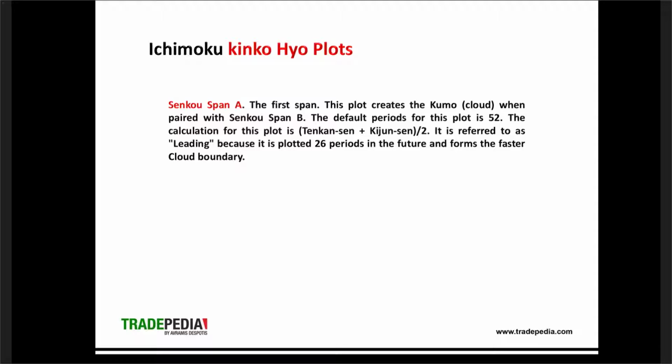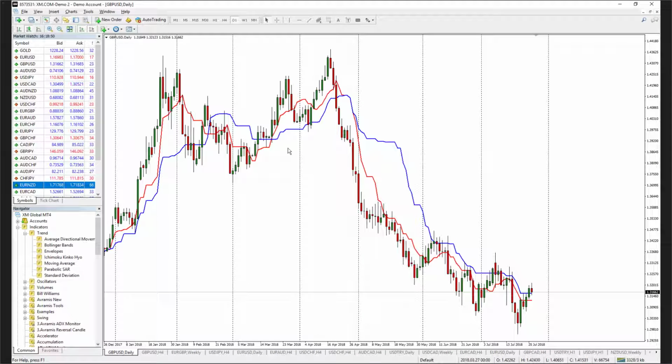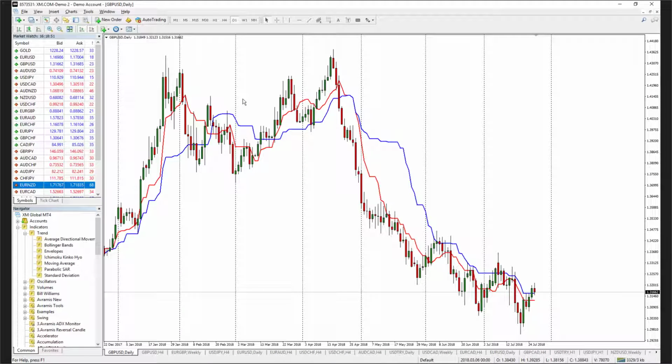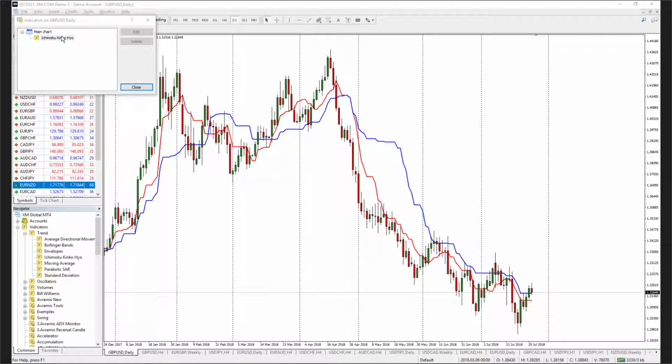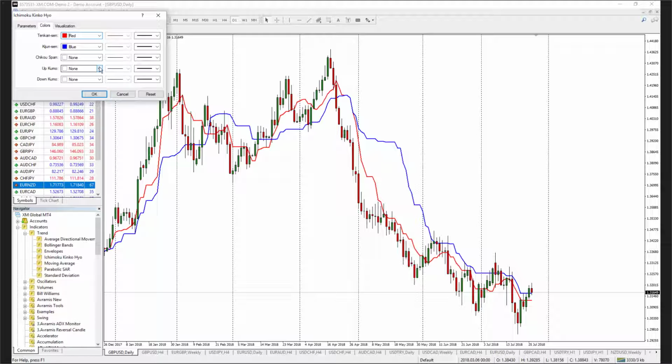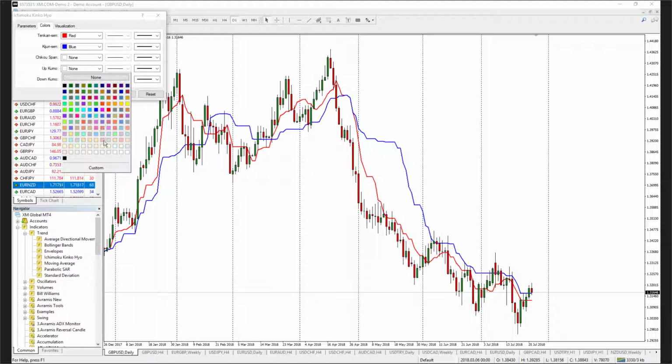Let's go and add that Senkou Span A. So we go into the indicator list, we find our Ichimoku. Here the Senkou Span A would be the one that is outlined as up Kumo. So let's give it, I can't remember what color I usually have it at.